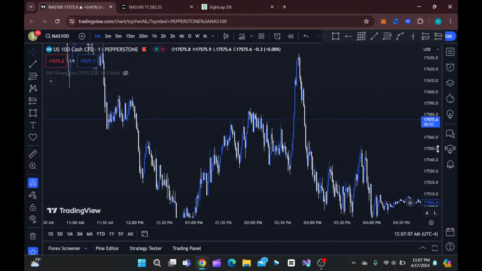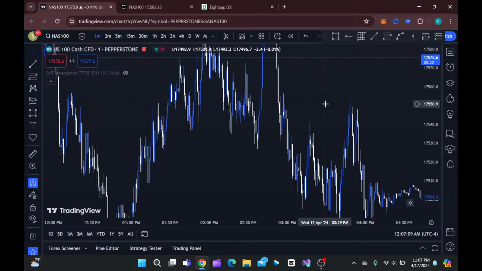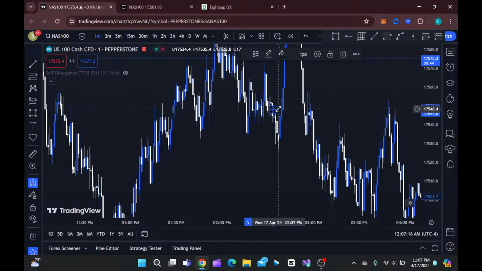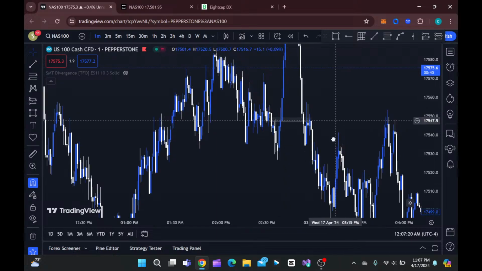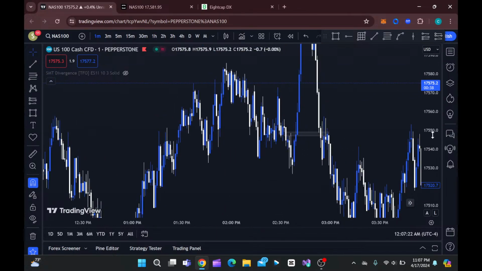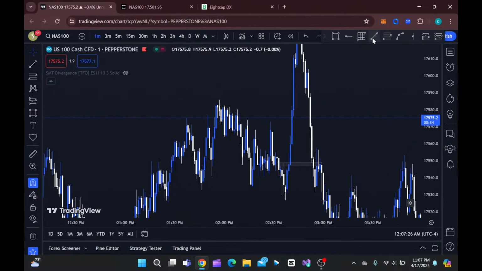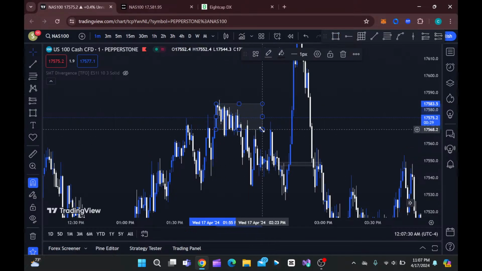Okay, I like this trade. I like this long because of this, all this right here.